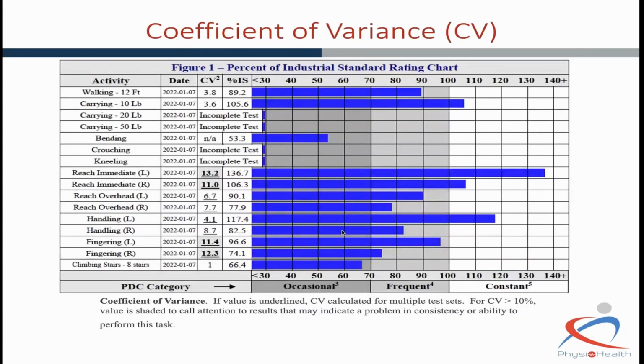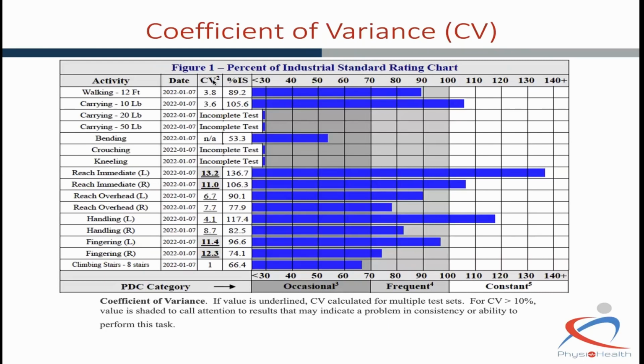So if you really want to get into the nuts and bolts, the numbers of things, the FAE reports generate a chart like this. So again, you have the activities listed, and you have some numbers. This column here, CV, is the coefficient of variation. As I mentioned earlier, any variance under 10% between the three trials is considered standard, is considered a pass.